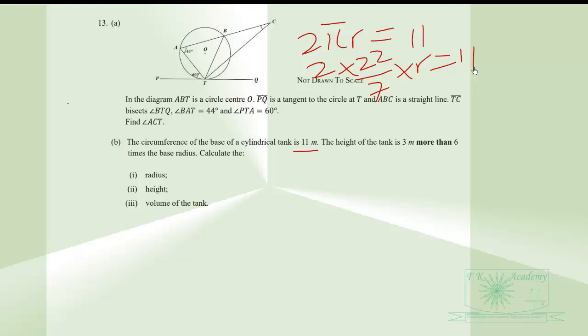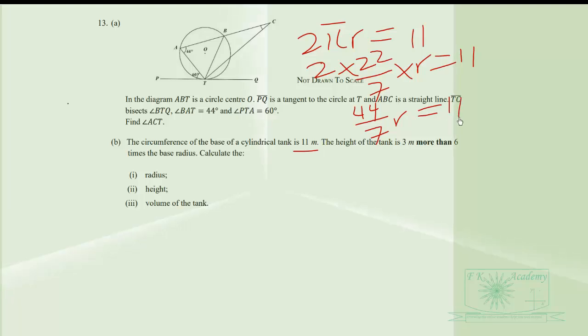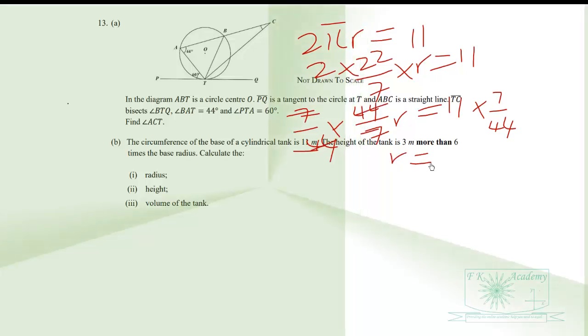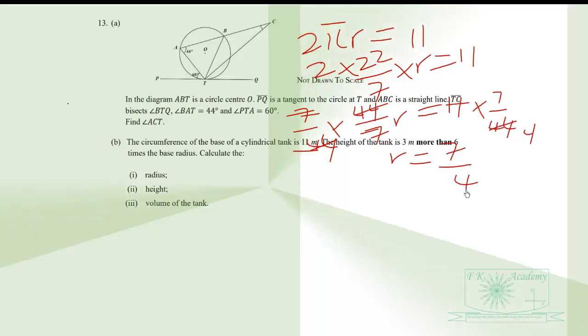So we have 44 over 7 r is equal to 11. So I multiply both sides by 7 over 44. So this will give us 1 here. Then r will be equal to 11 will go into 44 4 times. r will be equal to 7 over 4 meters. So the radius is 7 over 4 meters.